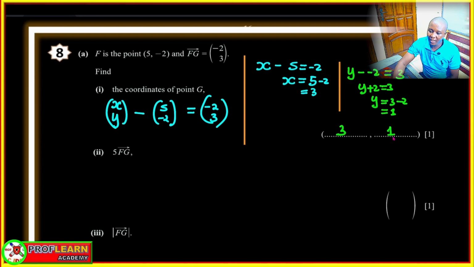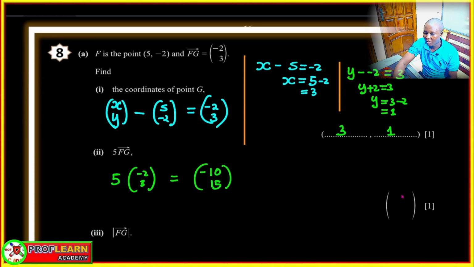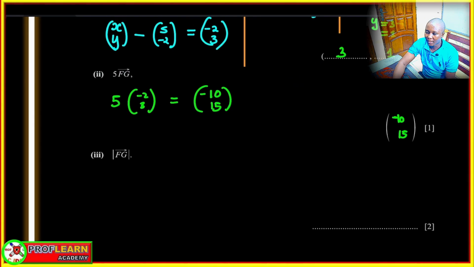Now we are finding 5 FG, a constant or scalar multiplier. 5 times FG will be what? 5 into bracket (-2, 3), and multiply every element by 5. This will be (-10, 15), and our answer becomes that. Next, the modulus of FG. FG, remember, was (-2, 3).